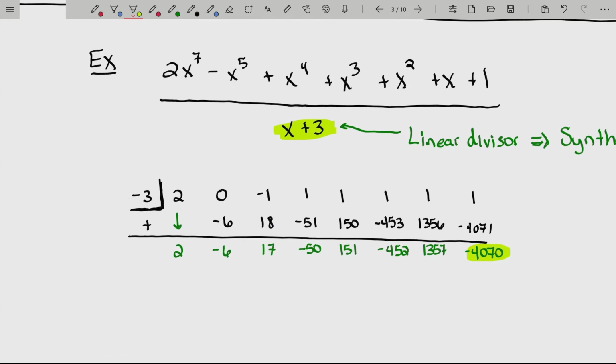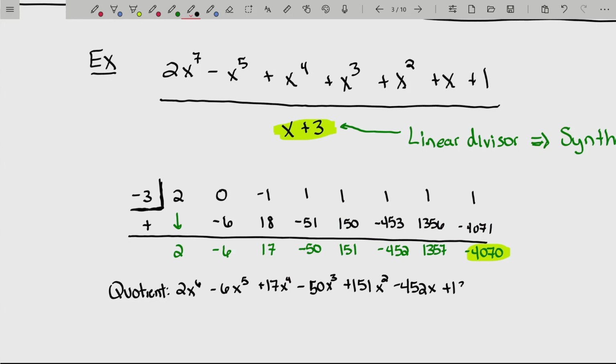And so the quotient is going to be, now we started with x to the 7th. We're going to lose 1 power because we divided by a linear term. So this is going to be 2x to the 6th minus 6x to the 5th plus 17x to the 4th minus 50x to the 3rd plus 151x squared minus 452x plus 1,357.